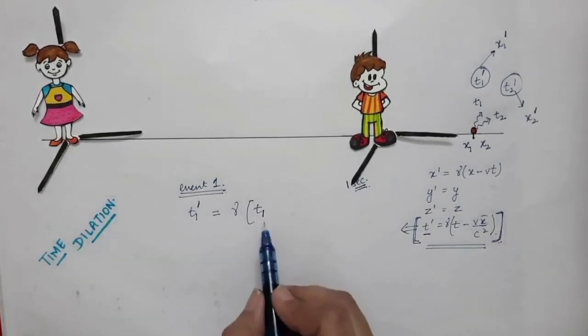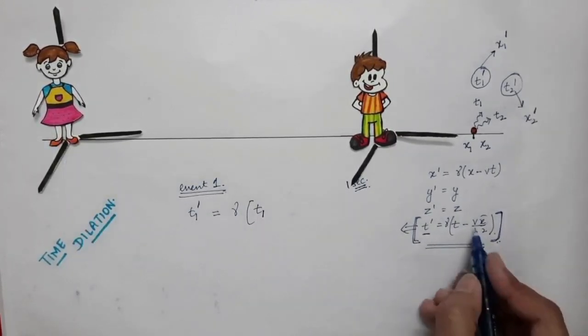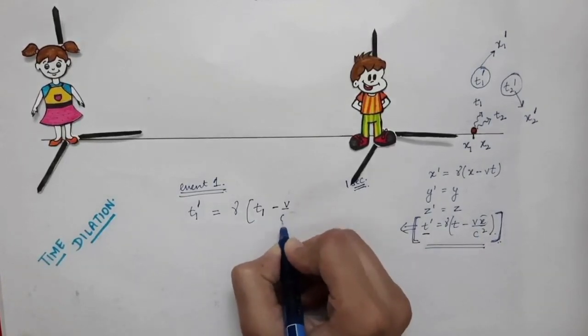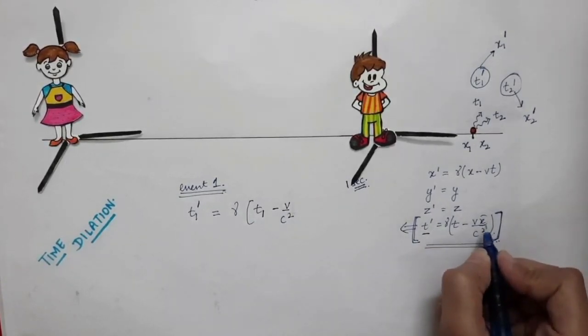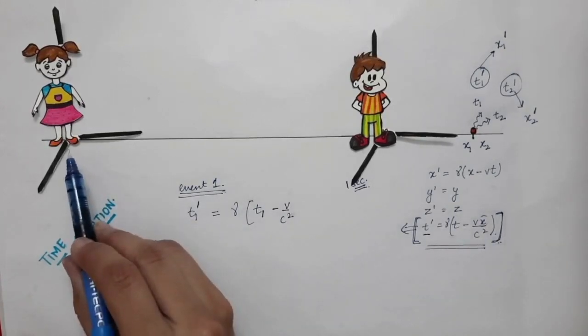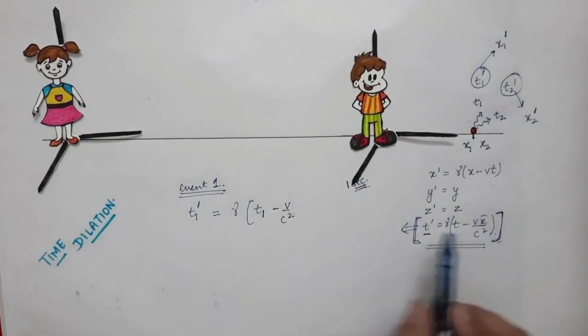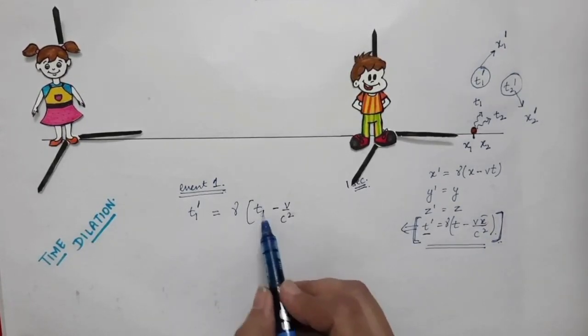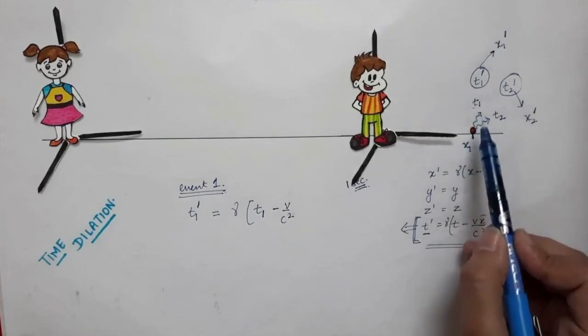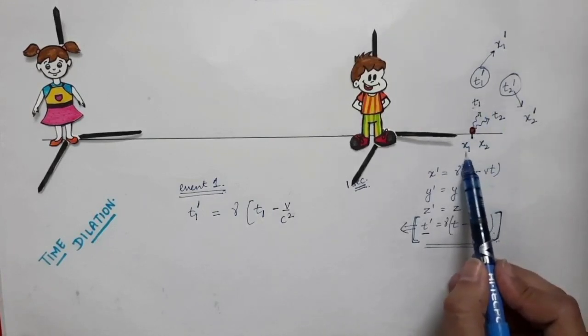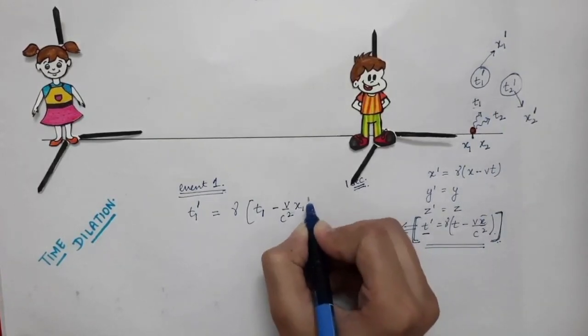So t1 is the time with respect to you, minus v by c square as it is, times x. So x is the coordinate with respect to you, or with respect to the sigma frame. So that is x. But in this case, at t1 time we have said that x is equal to x1. So it will be x1 in this case.